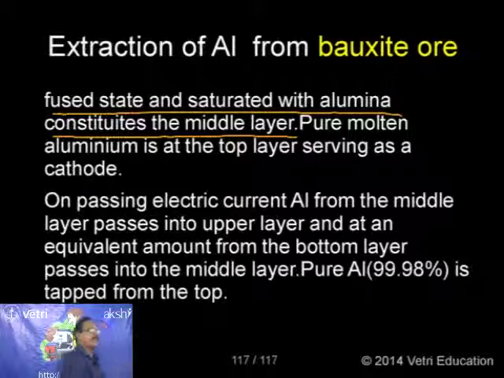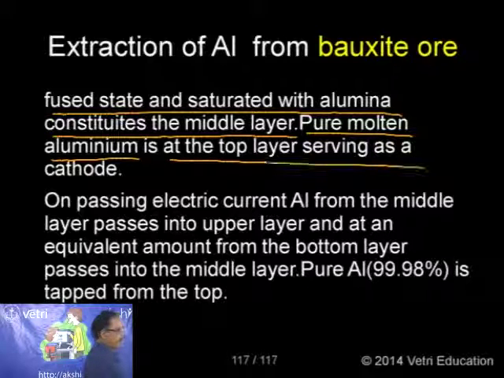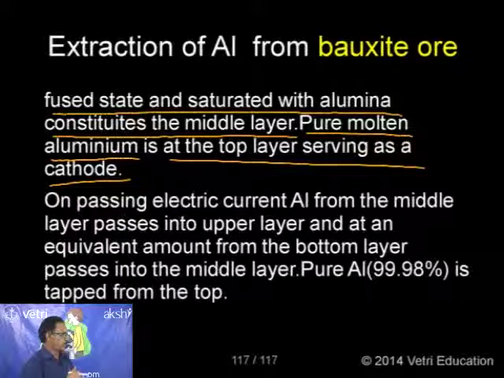Pure molten aluminum is at the top layer, serving as the cathode. These are the 3 layers based on specific gravity.